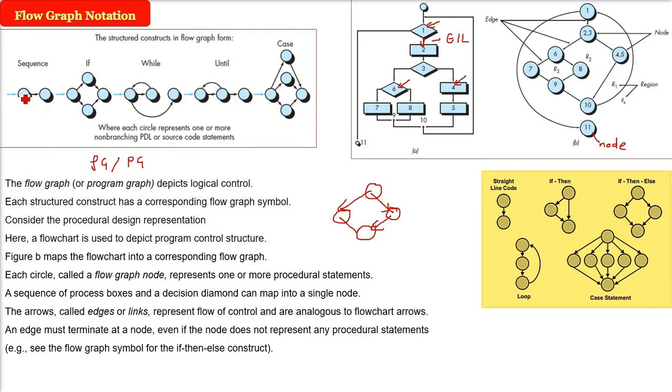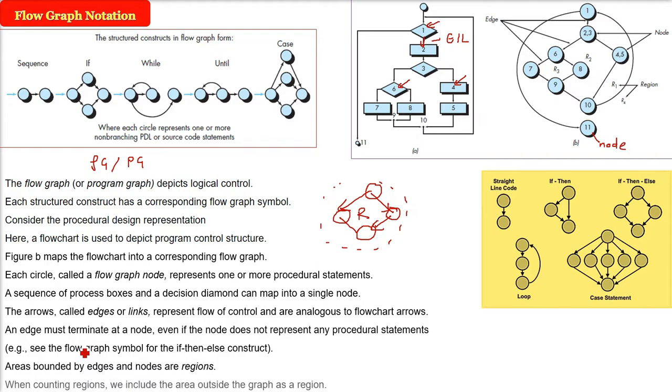Sequence is just simple instructions, no condition, no compound. Now the area bounded by edges and nodes is called a region. For example, this is a closed region. So we count all the closed regions along with one more region, which is the outside region.